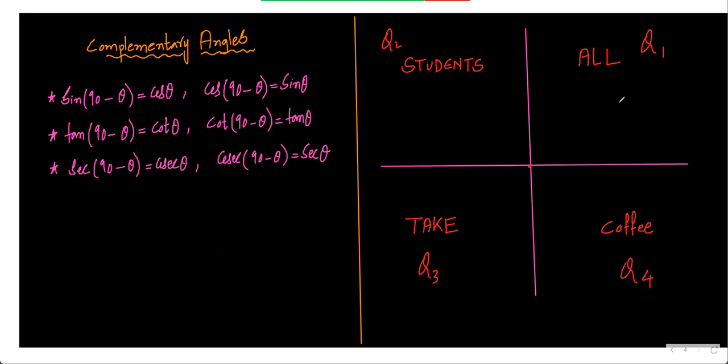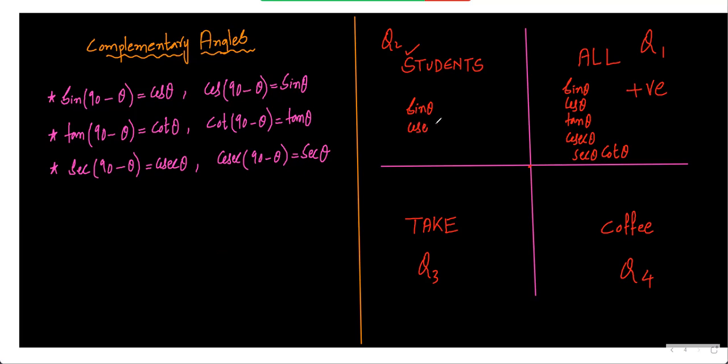All means all trigonometric ratios, sin theta, cos theta, tan theta, and cosecant theta, secant theta, cot theta. All the values are positive. Now here, the word starting with S means only sin theta is positive and its reciprocal.